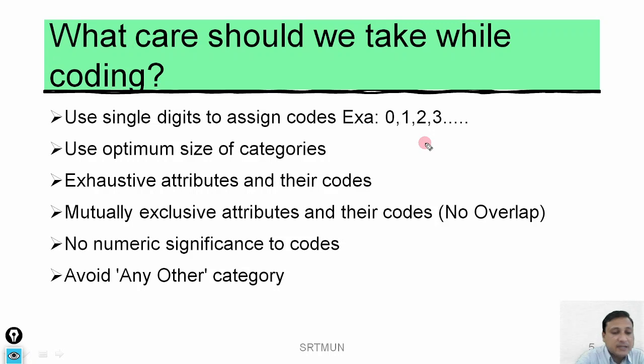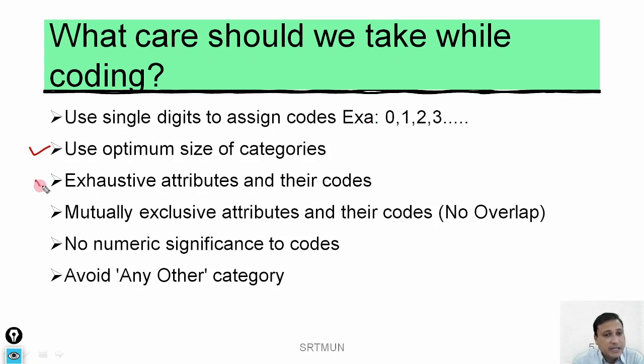Fine. Second important point is that use optimum size of categories. Don't make many categories. In my opinion, if you are categorizing that particular variable, your categories should be less than 10. So it becomes easy for you while you are analyzing your data. Fine.